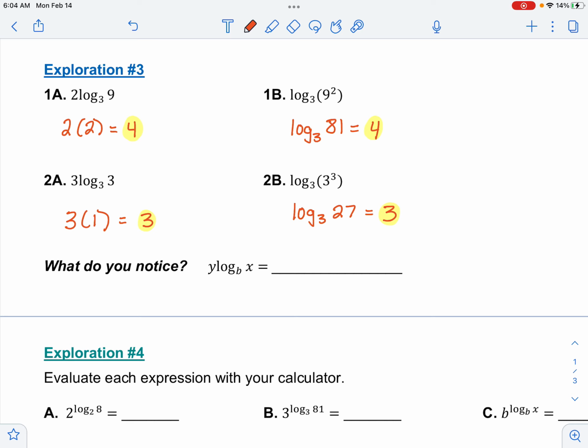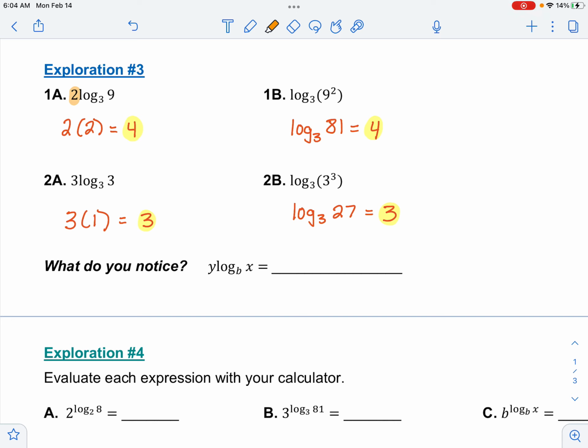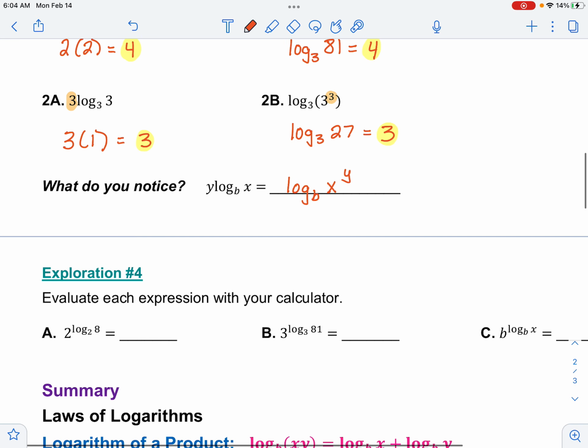What I want you to notice is that the coefficient, this 2, goes up on top. This 3 goes up on top. So when you have a coefficient in front of a log, this property says that you can put that in the argument as an exponent. So y times log base b of x is equal to log base b of x to the y power.